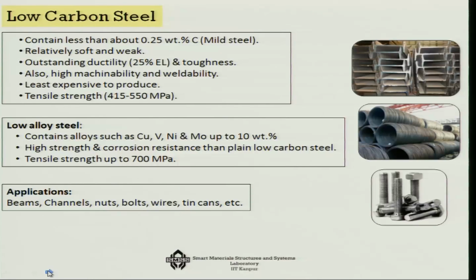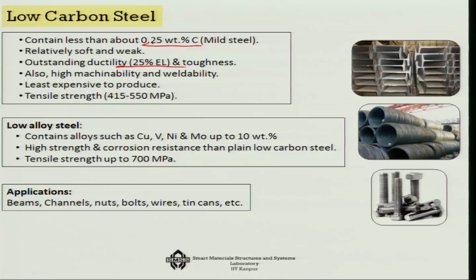Now, the most versatile among the steels is the low carbon steel, which contains less than about 0.25 weight% of carbon. Because the carbon percentage is low, it is relatively soft and also weak. It has ductility of about 25% and toughness.